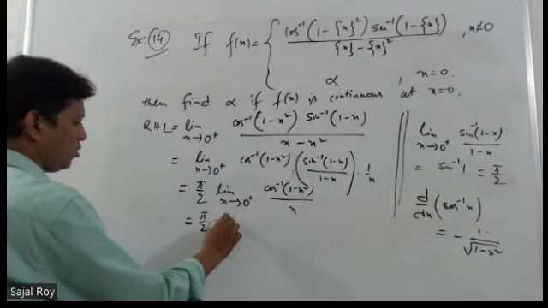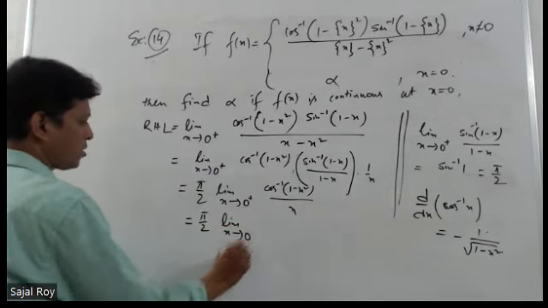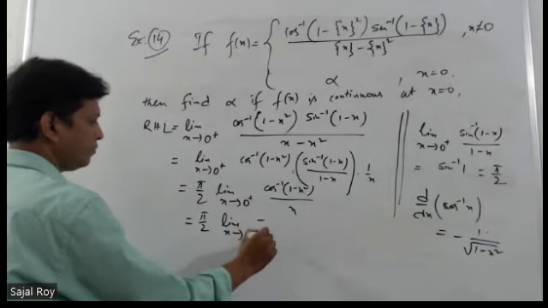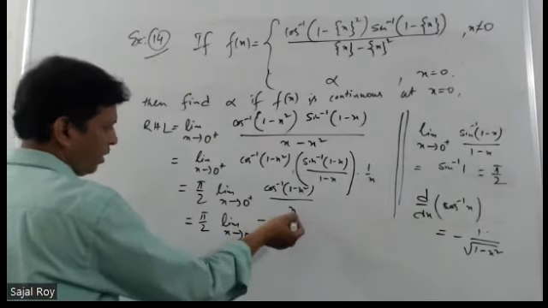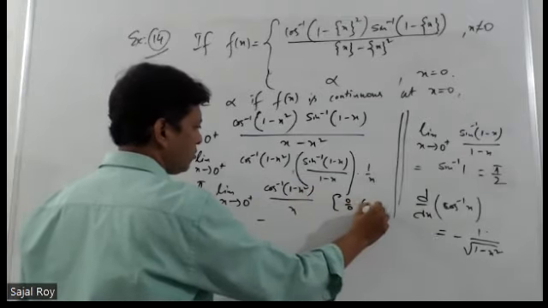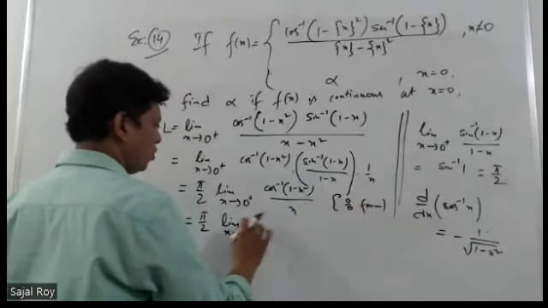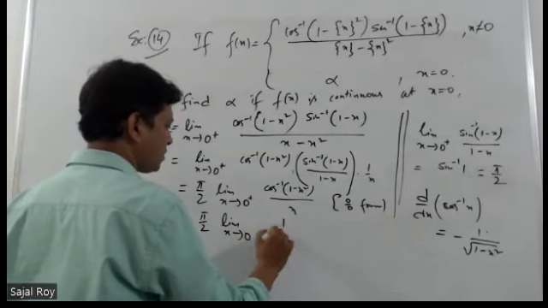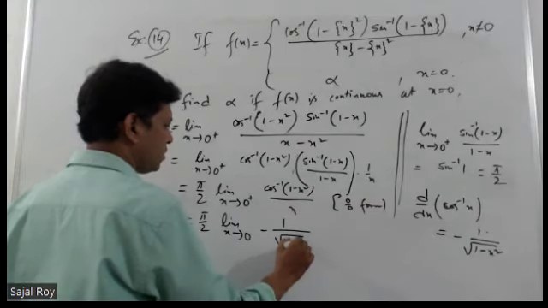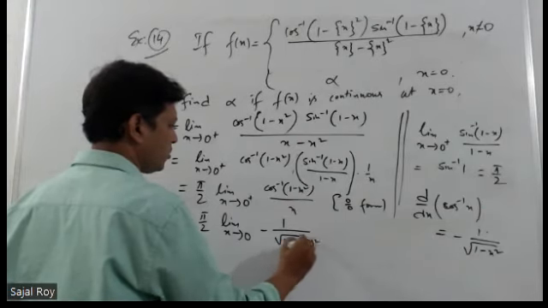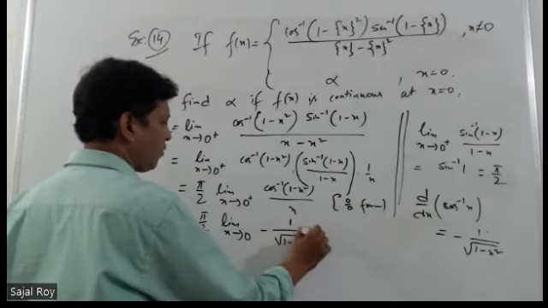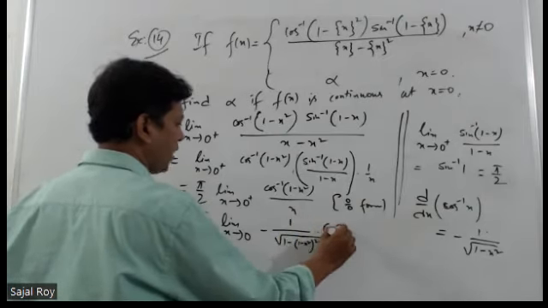Pi by 2, limit x tends to 0. The denominator will be 1. This is 0 by 0 form. So minus 1 by root of 1 minus this one, and the derivative of this part will be minus 2x.